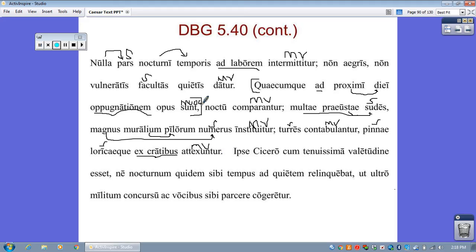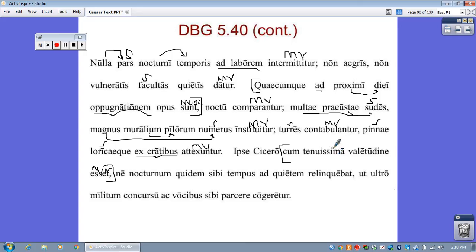Okay, so lots of things being prepared at night for the next day's battle. And finally, we see Cicero himself, ipse Cicero, Cicero himself. And then we have some sort of clause that starts with cum, and we're going to go until we can find our subjunctive, which looks like it would be right here at esset. Esset would be the main verb inside the clause.